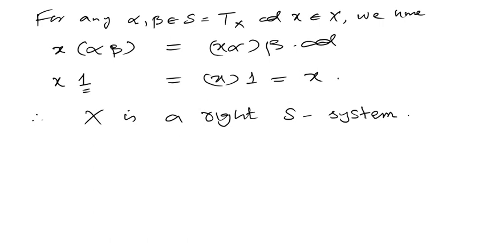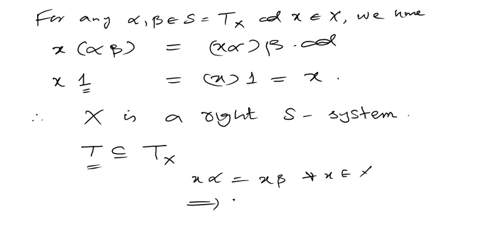One more thing I want to point out here: suppose T is a submonoid of T_X, the full transformation semigroup. If x alpha is equal to x beta for all x in X, where alpha and beta are in T, transformations, then it always implies that alpha is equal to beta, because they are equal maps, and the action is defined like this: x alpha is the image of x under alpha, x beta is the image of x under beta. But it's not true always.